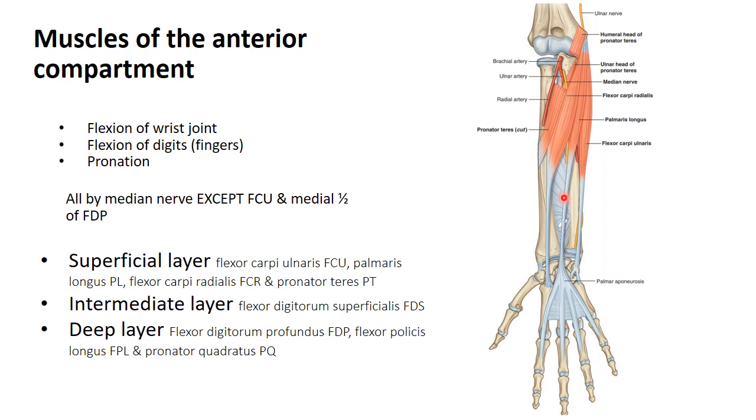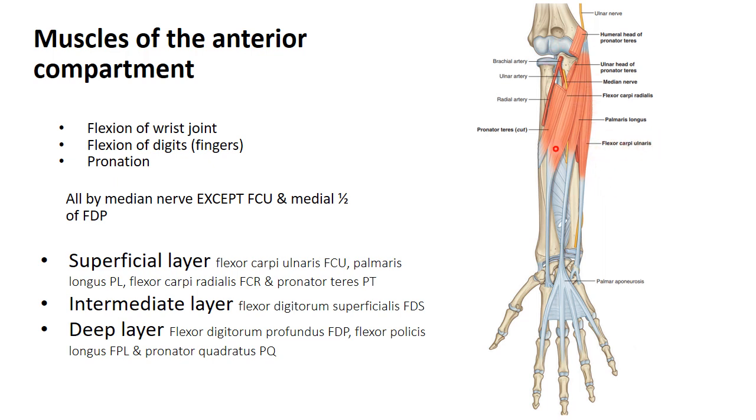Regarding the nerve supply, all the muscles of the anterior compartment are supplied by the median nerve, except 1.5 muscles. The first one is called flexor carpi ulnaris. Since it is called ulnaris, it is supplied by the ulnar nerve.